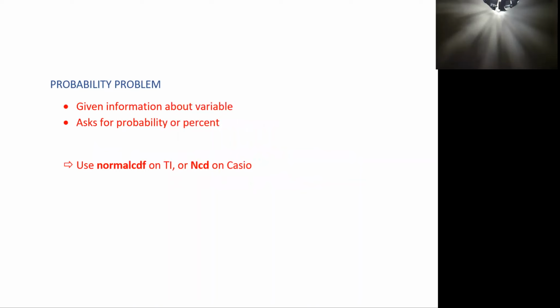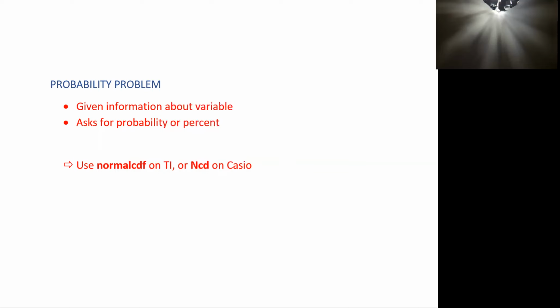A probability problem is the first type, and that's when the given information is about the variable values. And then the information you're being asked for is a probability or a percent.